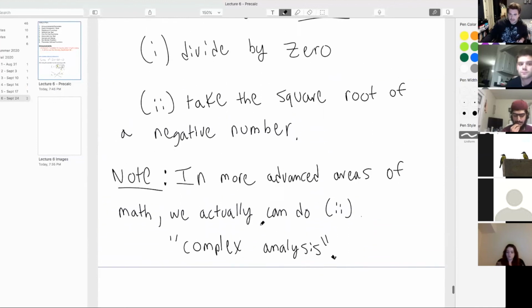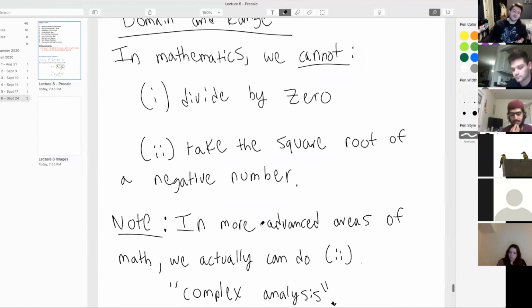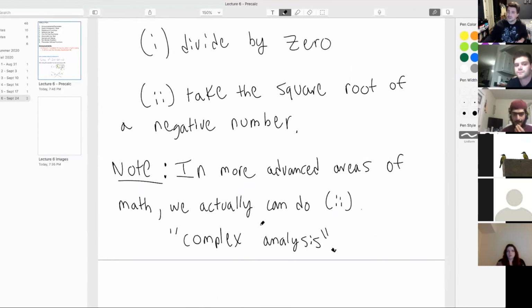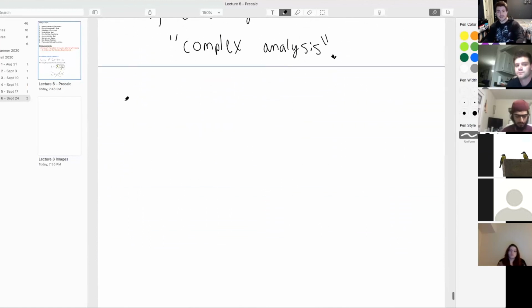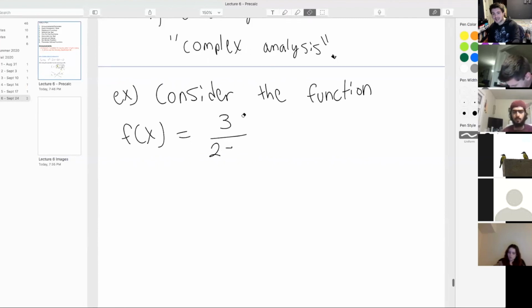All righty, so we have our 2 rules. We can't divide by 0. We cannot take the square root of a negative number, and this will come into play when we figure out the domain of some functions. All right, so let's see how this works. Consider the function f of x equals 3 over 2 minus x.